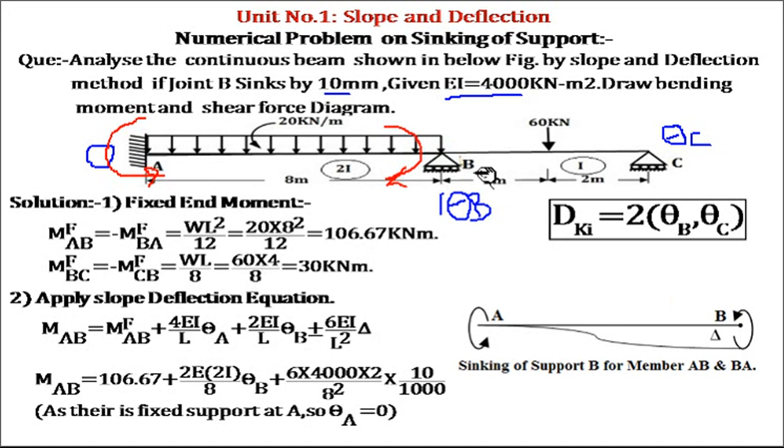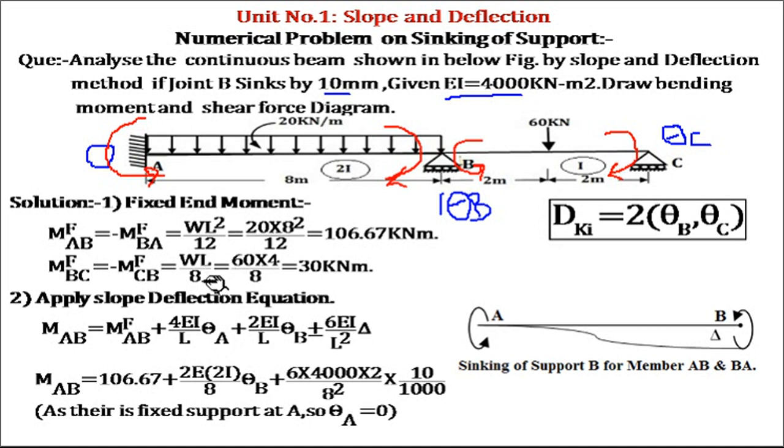Now the fixed moment in member BC. Now here the point load is acting at the center. Fixed moment in the member BC will be in anti-clockwise direction, and in member CB it will be in clockwise direction. So the fixed moment for the point load acting at the center is WL by 8.